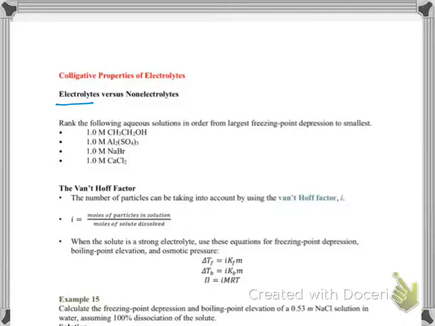So let's talk about electrolytes versus non-electrolytes. Non-electrolytes dissolve in water as molecules. So if you are adding 1 mole of the solute, that results in 1 mole of dissolved particles.